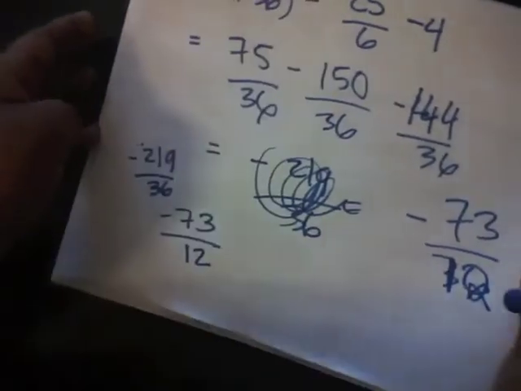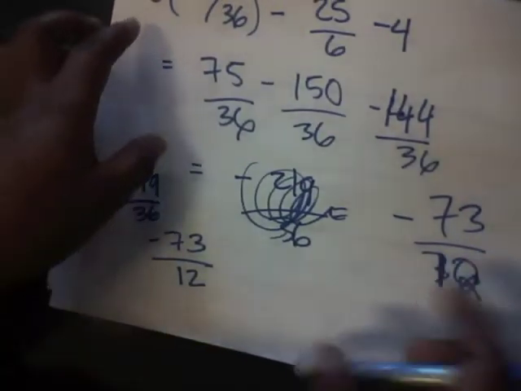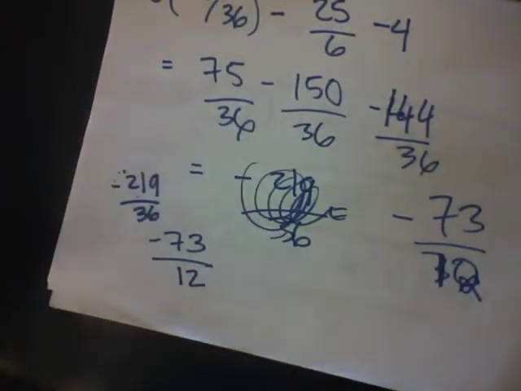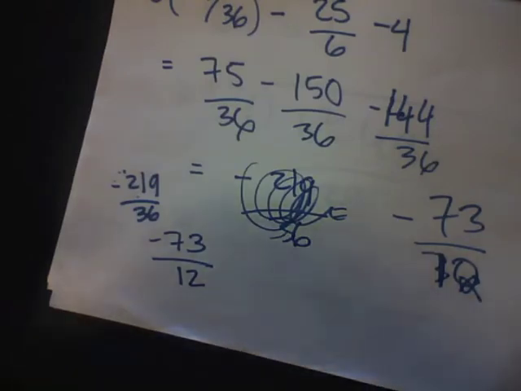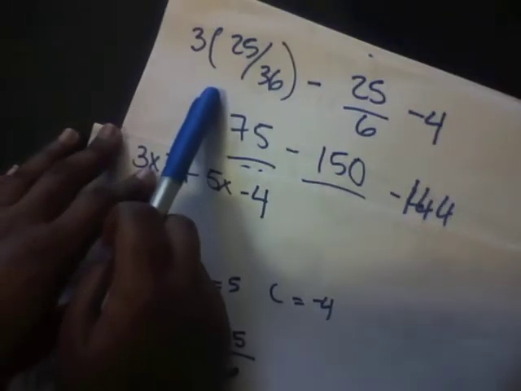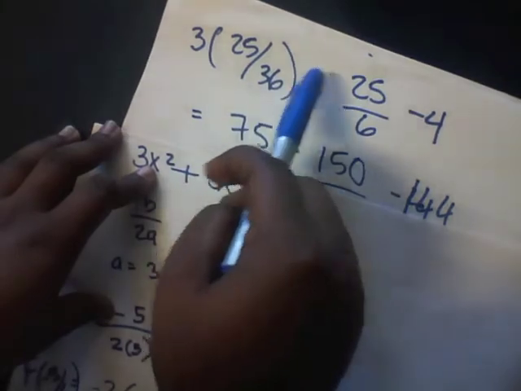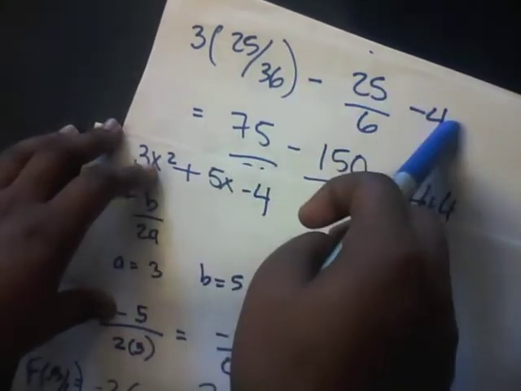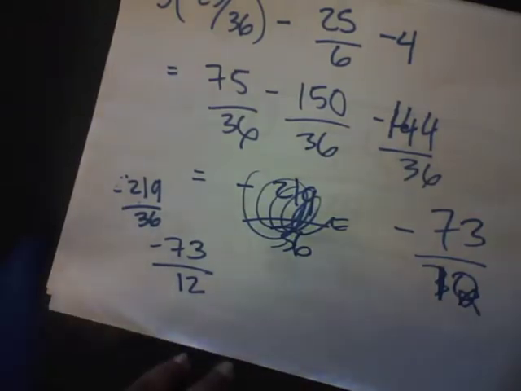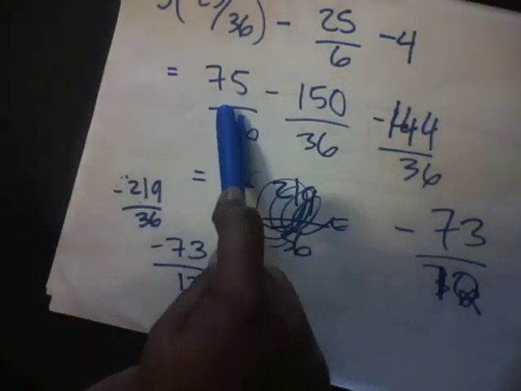So when I did this, I got 3 times 25 over 36 minus 25 over 6 minus 4. So I tried to get the whole equation to have the same common denominator.